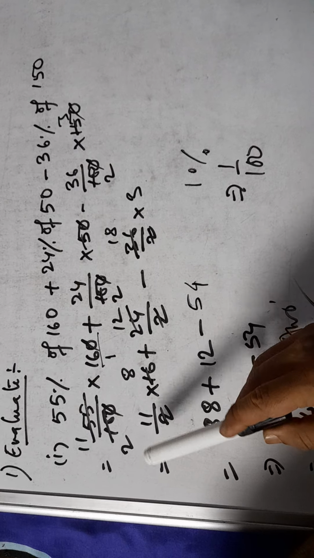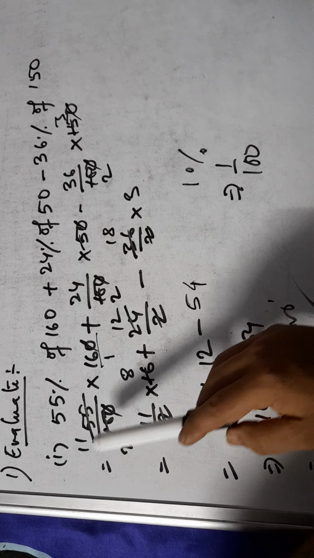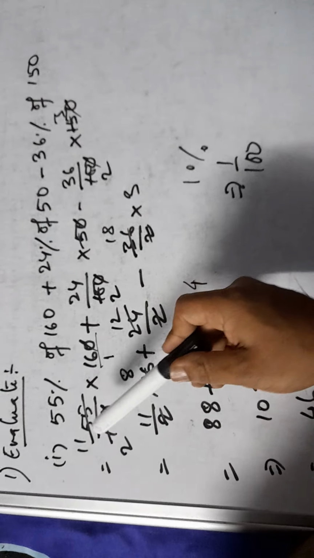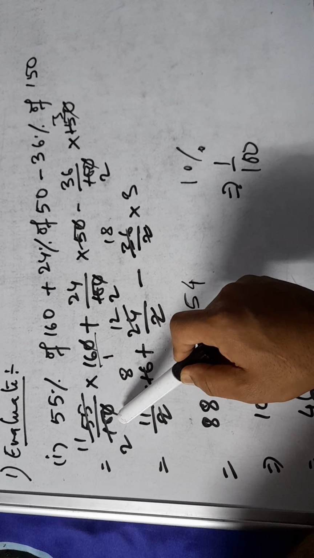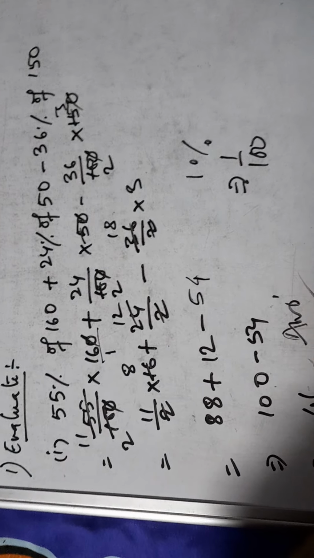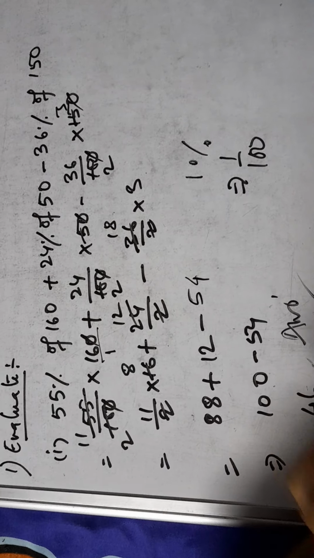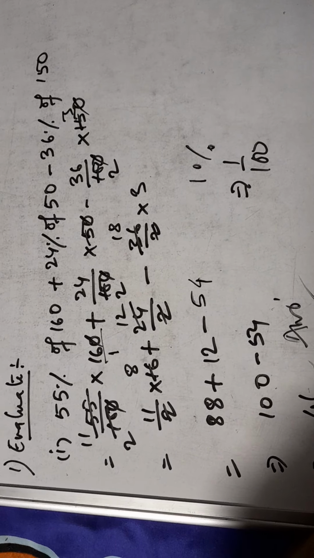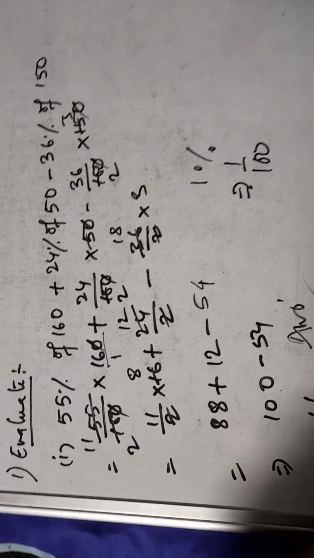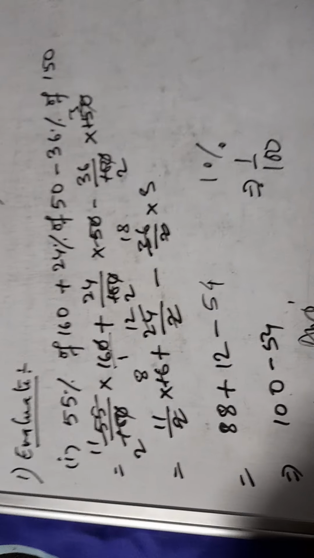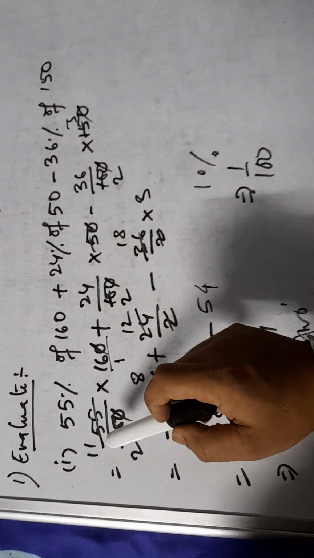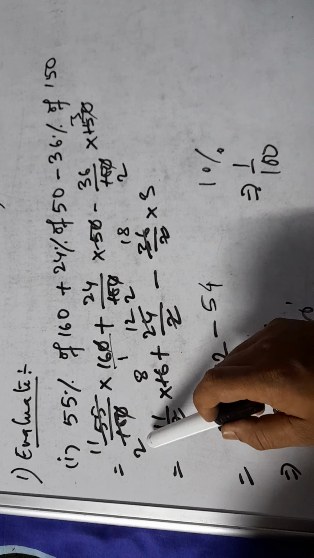But the last digit here is 5 and the other is 0. The 5 is not divisible by 2 while the 0 is, so we cannot use the 2 table, we have to take the 5 table. In the 5 table both numbers come, 55 and 10: 5 11s are 55, 5 2s are 10.